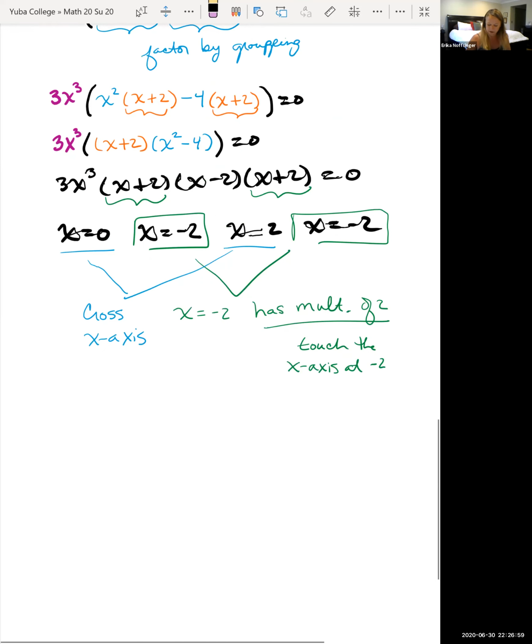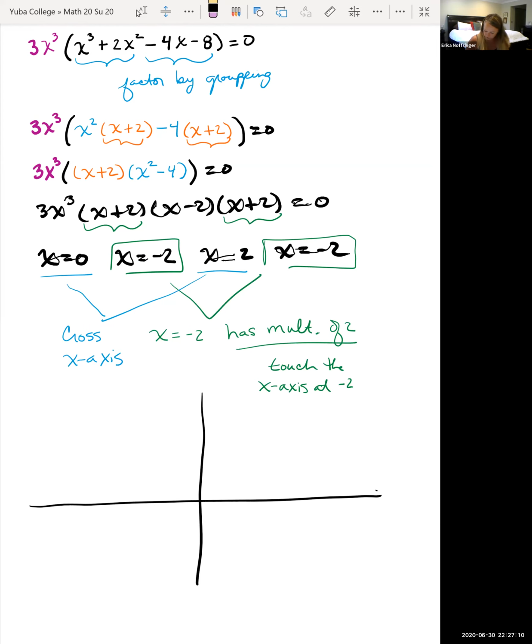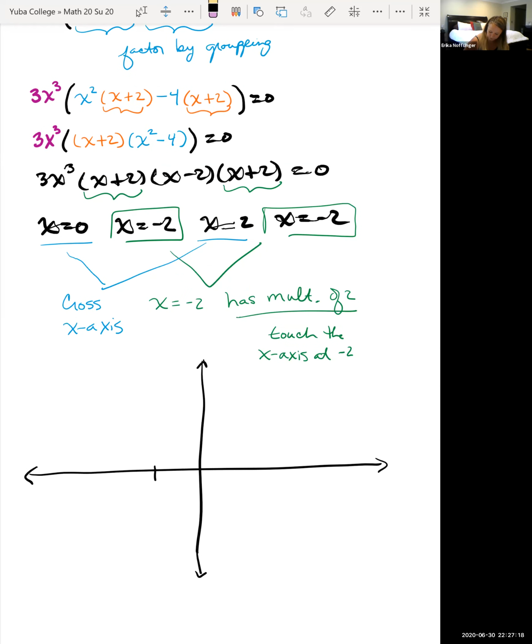Okay, so we can kind of put together what we've got. Plotting our x-intercepts: we have negative 2, we have 0, and we have positive 2.